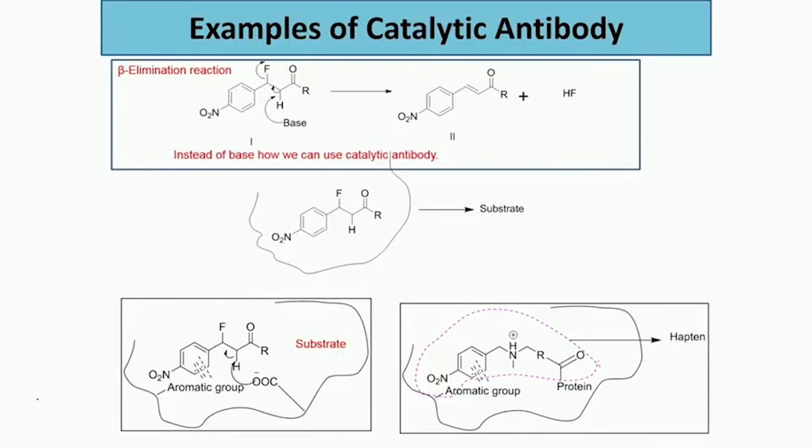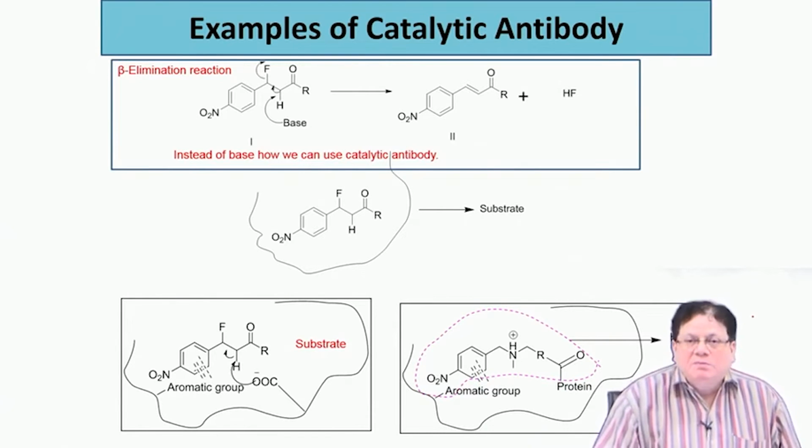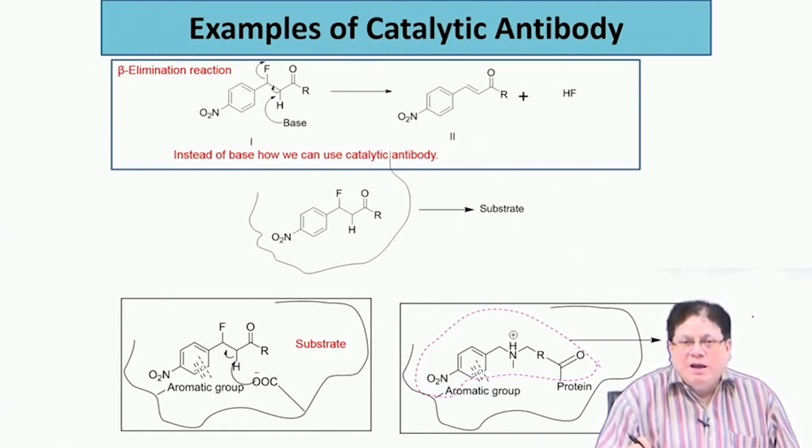Now, I ended by saying that as organic chemists, what we can do is help in designing the hapten, because it is the hapten which will be attached to the protein, the carrier molecule, and the hapten should have the epitope. Epitope is required in the hapten.